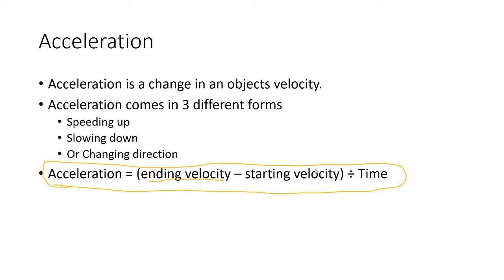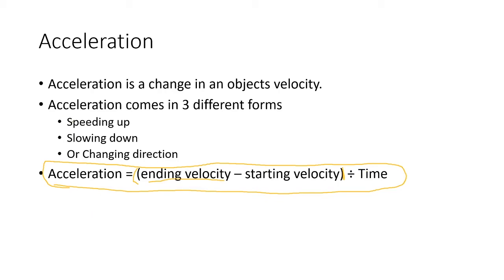Just in case you haven't, this parentheses means you do everything inside of it first. So you do your ending velocity minus your starting velocity first, and then you divide whatever you get by the time. That will give you your answer.